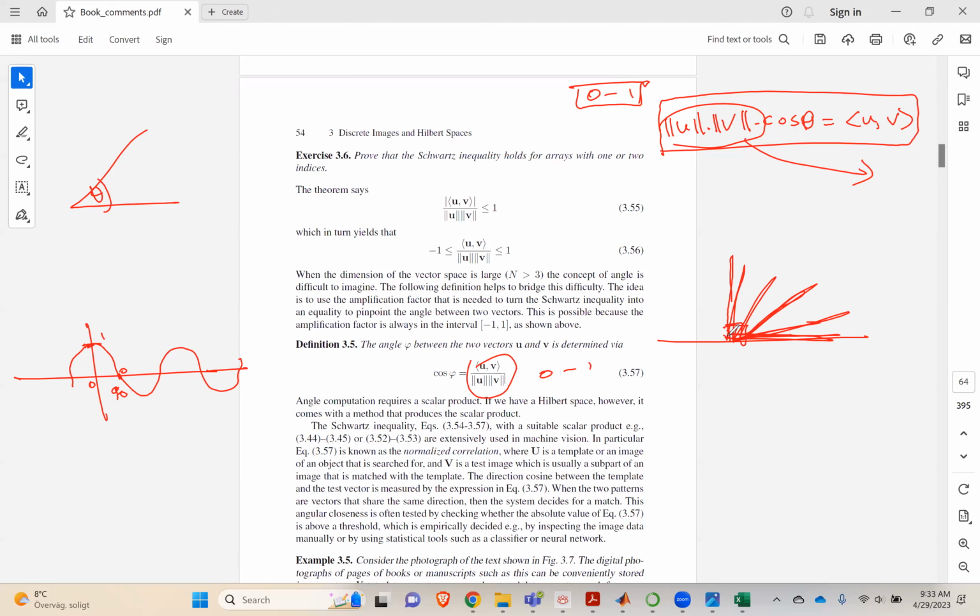So 90 is the maximum, because when the image moves further, you can calculate the angle from the other side. So 90 is maximum. When the images are at 90 degrees, we have a special name: orthogonal. That's the maximum difference that images can get. When the angle is 90, what's the cos theta value?